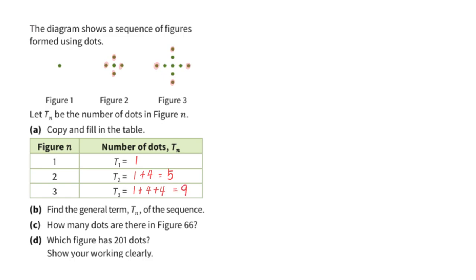So in this case, this is 9. That means from figure 1 to figure 2, we add 4. From figure 2 to figure 3, we also add 4. And this has implications on the next part of this question, which is what then is the general term of this Tn here.